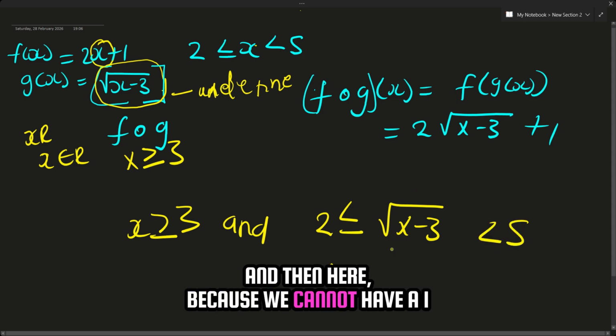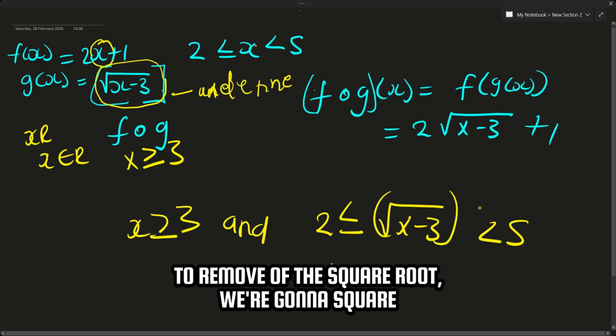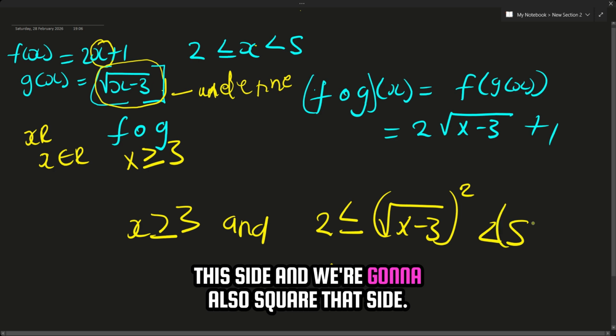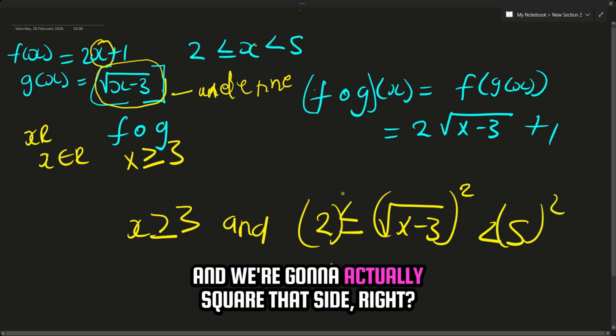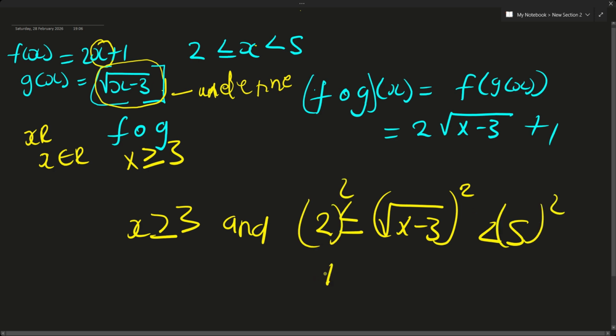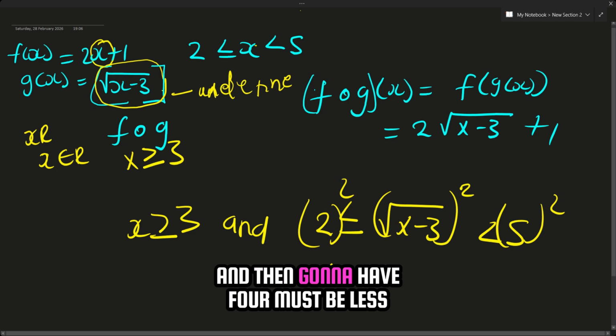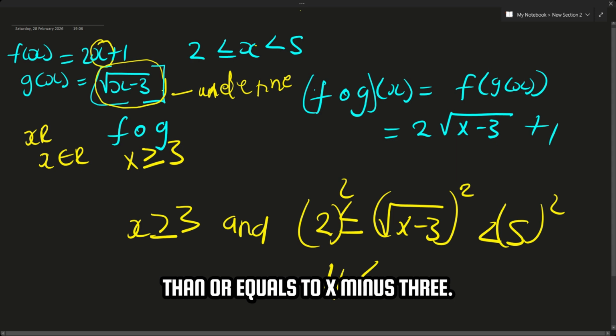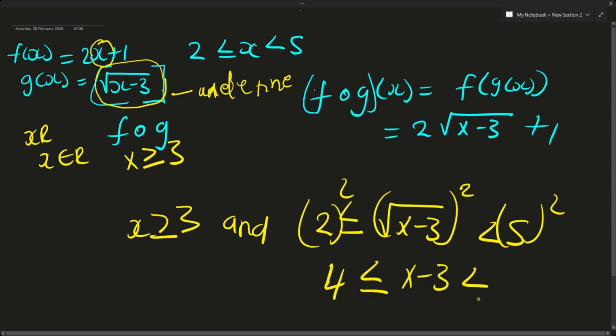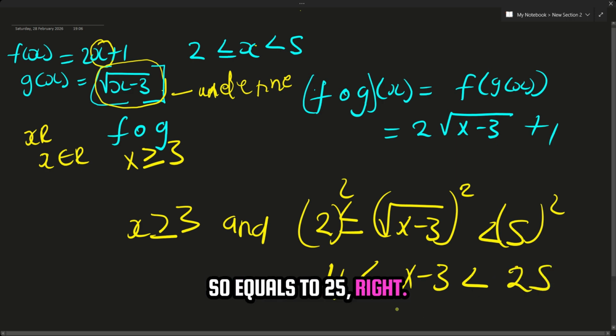And then here, because we want to remove the square root, we're going to square each side, and then we're going to have 4 less than or equal to x minus 3, less than 25, right?